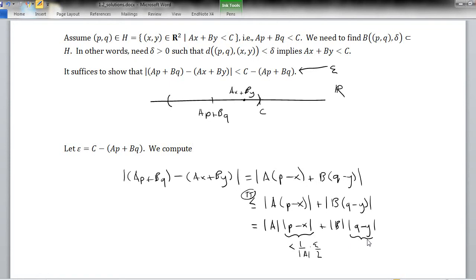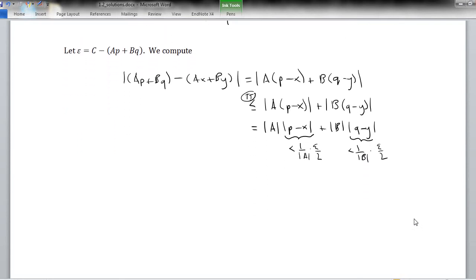And moreover, that absolute value q minus y is less than 1 over absolute value b times epsilon over 2. Right? Then each of these products will be less than epsilon over 2. You add them up, it's less than epsilon. And we would be done.